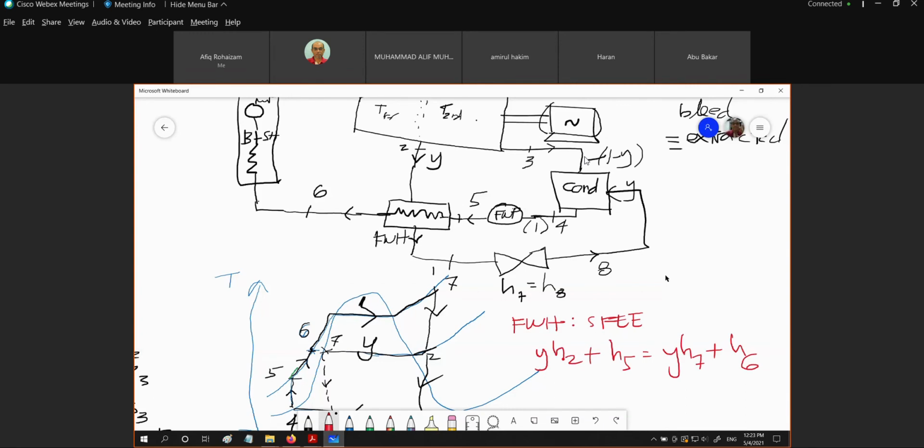Remember that H2 we have solved, H5 we got, H7 equal to HF, and H6 equal to H7. After putting in all the enthalpies, we can solve for Y.